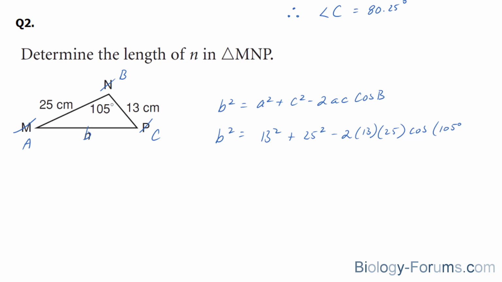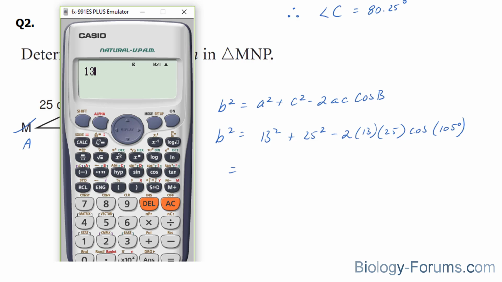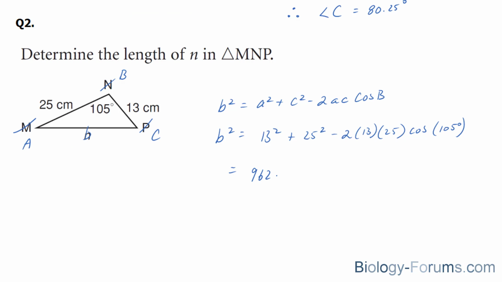Now these are the types of questions that are favorable to students because all you really have to do is multiply everything out here, and you can do it all in one shot in your calculator. So let's do that. 13 squared plus 25 squared minus 2 times 13 times 25 times cosine 105 degrees is equal to this huge number, 962.23, which is b squared, and we're going to square root both sides because we want to isolate for b, not b squared.